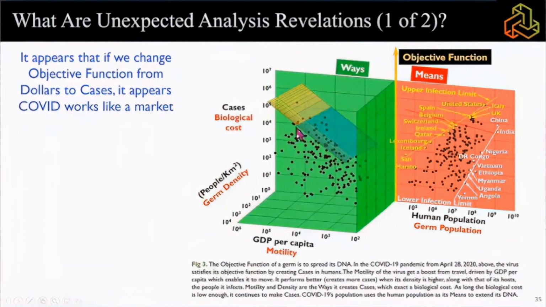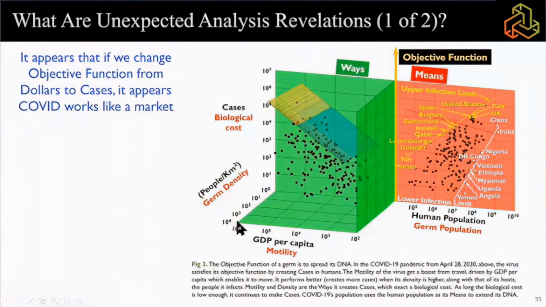And so what we see here, we've got cases as the vertical axis, and then there's the way in which it gets to the population. So it has to be mobile. It has to have a certain motility to it. And I submit at the beginning, the GDP per capita was part of the motility, which is to say that the higher the GDP, and GDP is going this way, the more cases that were discovered, which means that as people have more money to travel, they enable the motility of the COVID virus.